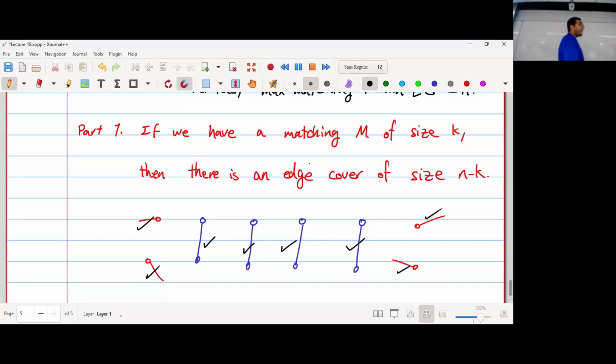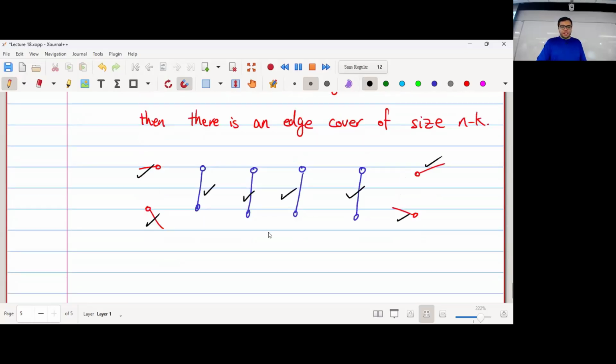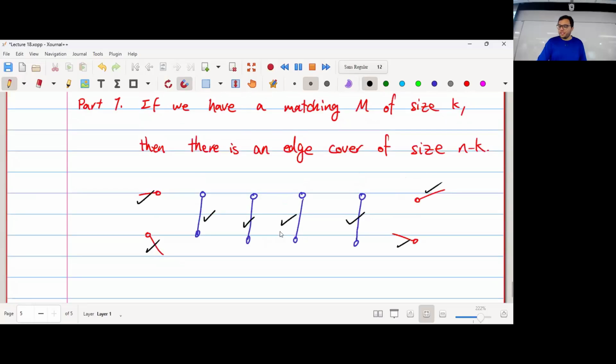Okay. How many edges did I use to cover all the vertices? Well, for every edge in the matching, it's covering 2 vertices. Every edge that I took from outside of the matching is covering only 1 vertex. And overall, I'm covering n vertices. So I have n minus k edges covering. Now, it might be that 2 of the edges that I took outside here were actually the same, right?